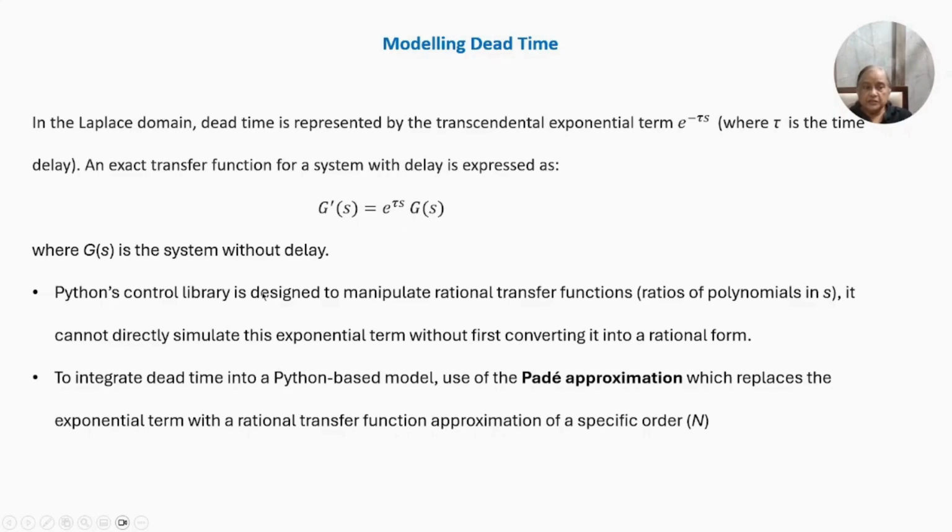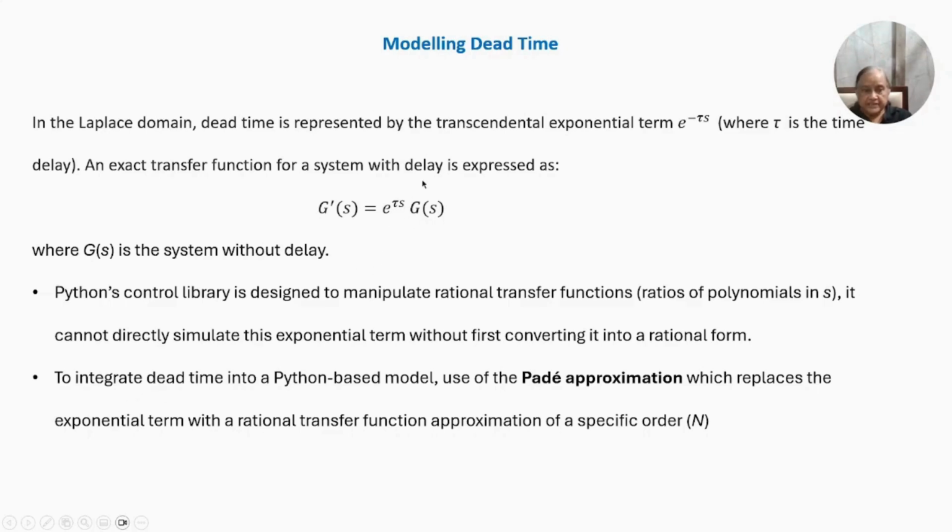But the Python control library is designed to manipulate transfer functions in rational form, that is, the ratio of polynomials in s. So it cannot directly simulate this e to the power of minus tau s term without converting it into a rational form.